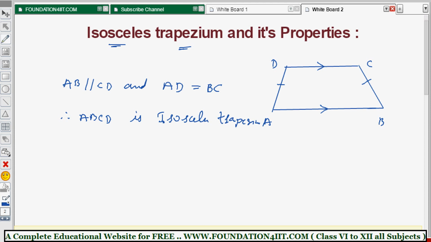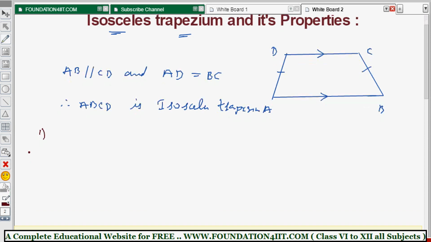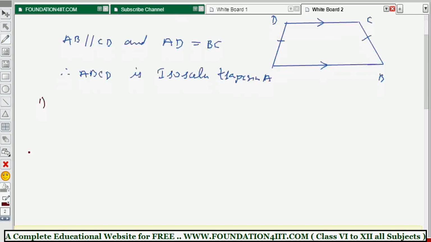Now let me explain some properties of this. In any isosceles trapezium, one pair of opposite sides is parallel, you know it. We will see the properties one by one, because we need to apply this concept in problems. One pair of opposite sides is parallel, same as the trapezium.